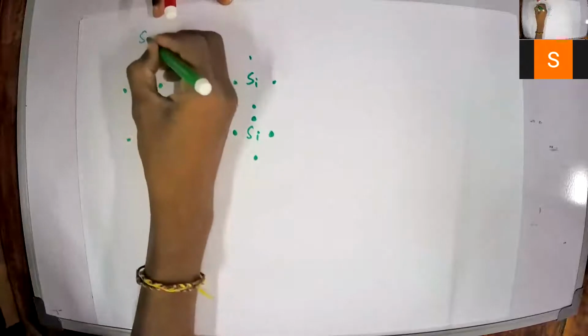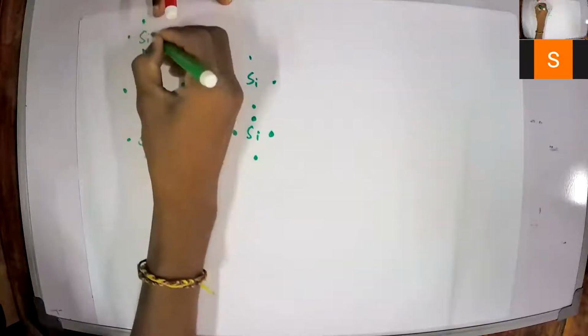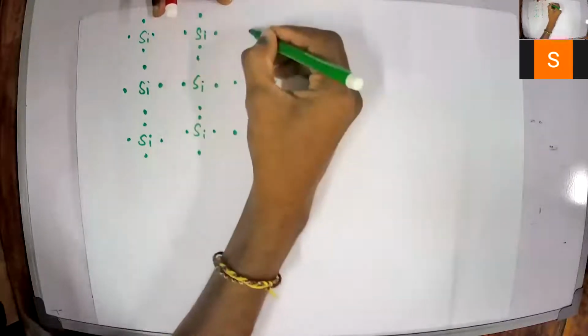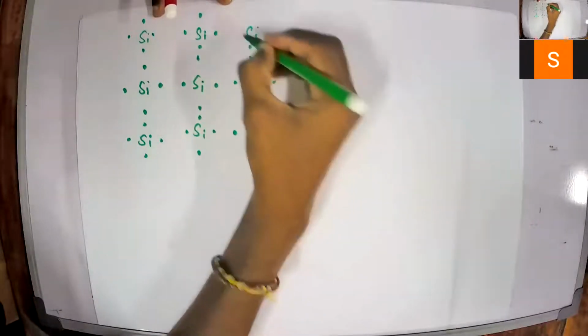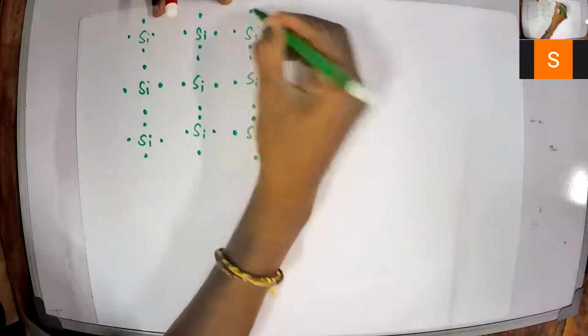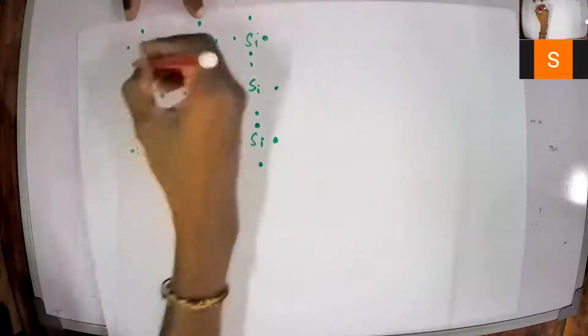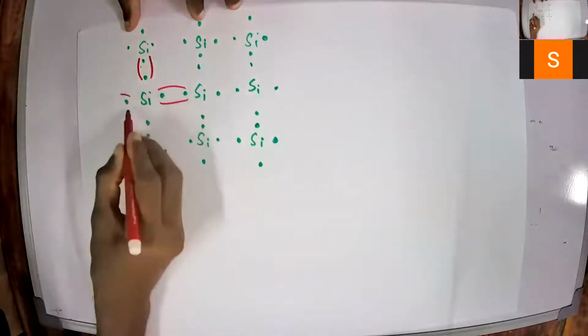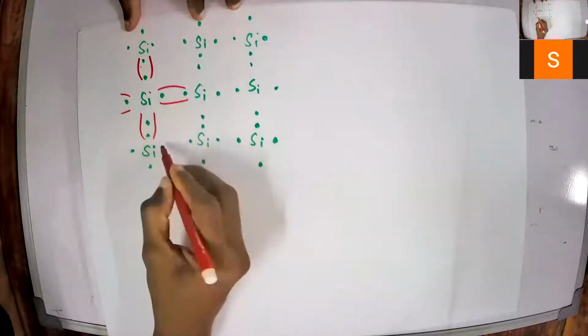Each of the electrons will be shared among the adjacent silicon atoms, something like this.